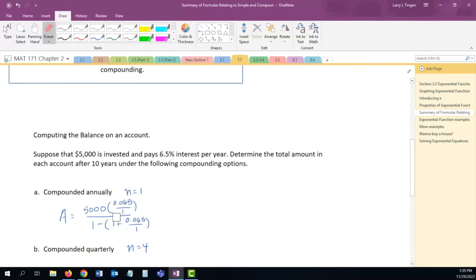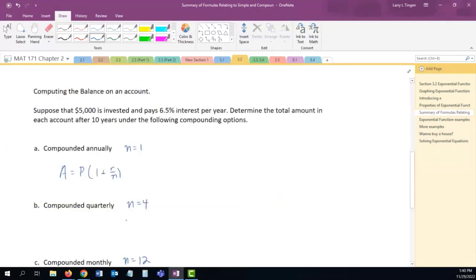Oh, I'm doing the monthly payment equation. Let me try that again. Principal times 1 plus the rate over n, raised to the nt. There we go. That's hilarious.